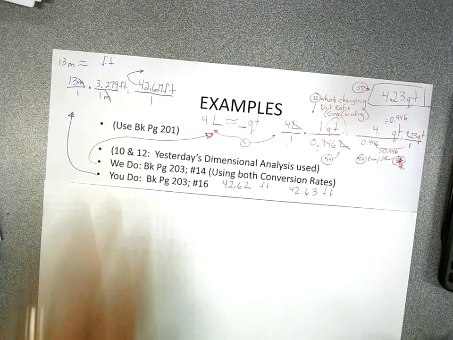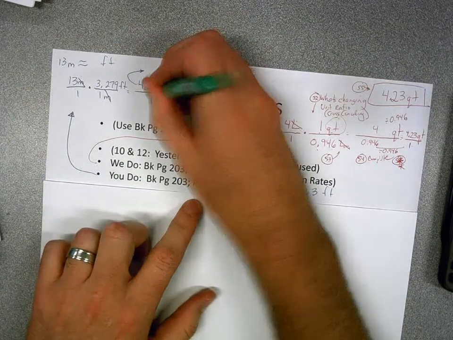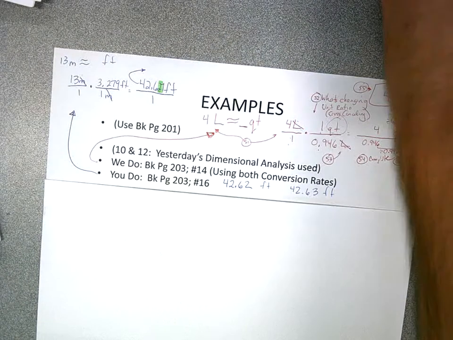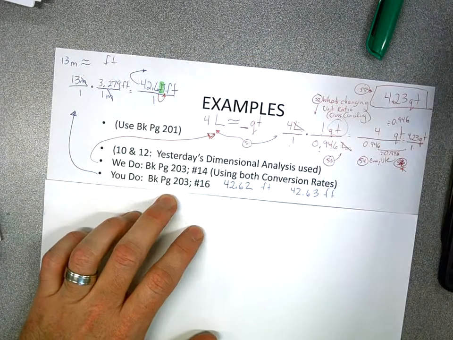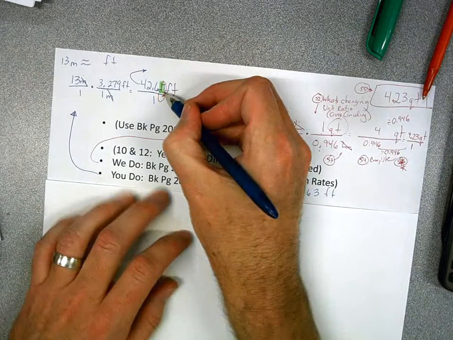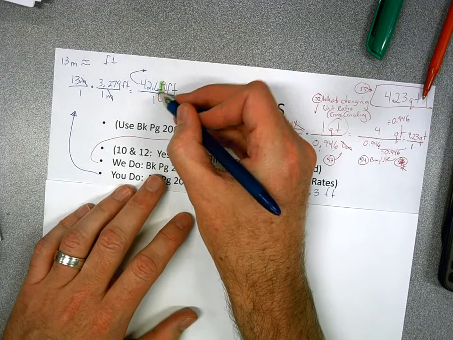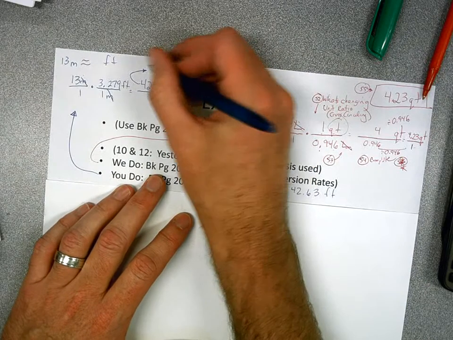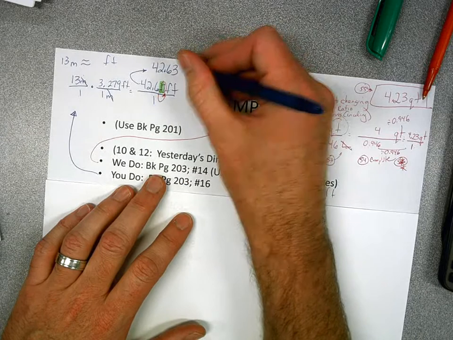Ladies and gentlemen, here's the nearest hundredth, the 2. I'm going to go ahead and look at the neighbor, the 7. The 7 is 5 and larger, right? It's larger than 5 in this case. That means that 2 is going to go up. So we have 42 and 63 hundredths feet.